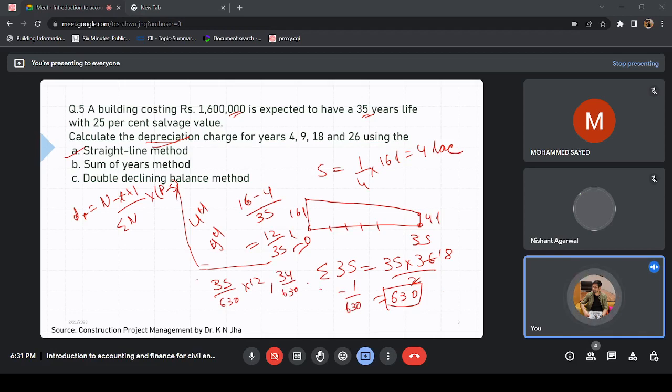So initially you can see that we are depreciating at a larger rate. If you have to calculate at a specific point of time, like 4 years, 9 years, 18 years, it would be 35 minus 4 plus 1 by 630 into 12, right? By the formula that we wrote.